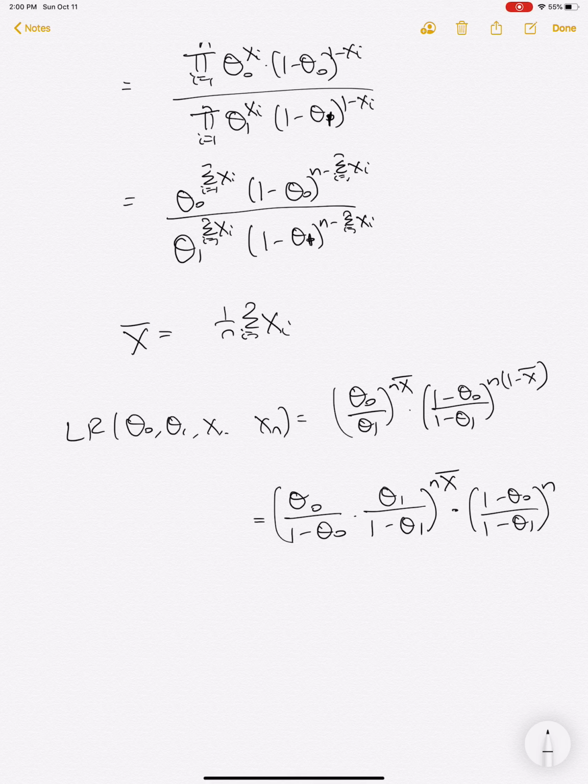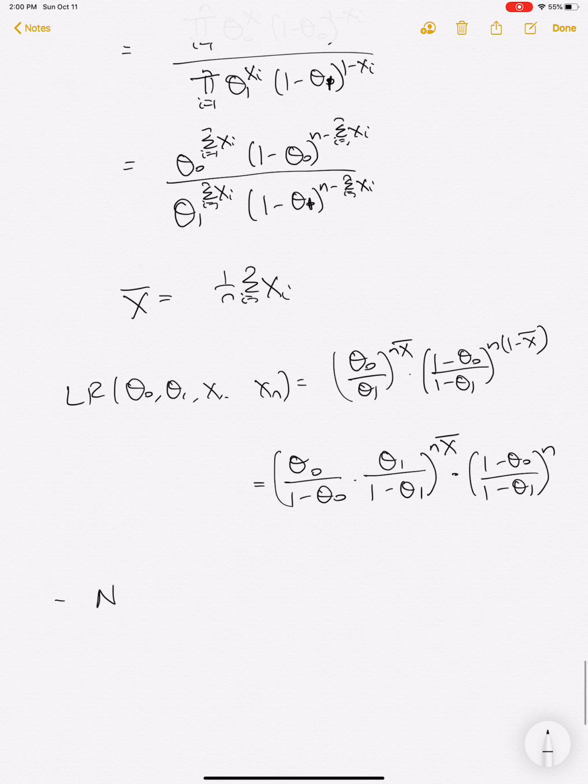Okay, so just recalculating things, we get this simple expression in terms of theta 0 and theta 1. And so note, it is in terms of x bar again.